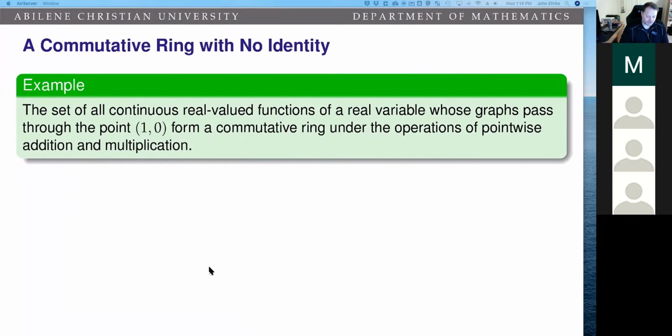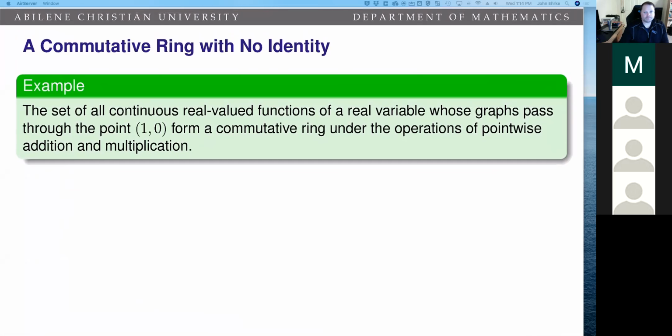Here's a really interesting example. It turns out that continuous functions on an interval form a ring. So this is going to be something for us to keep an eye on as we go ahead. Suppose you have the set of all continuous functions that pass through the point (1, 0).